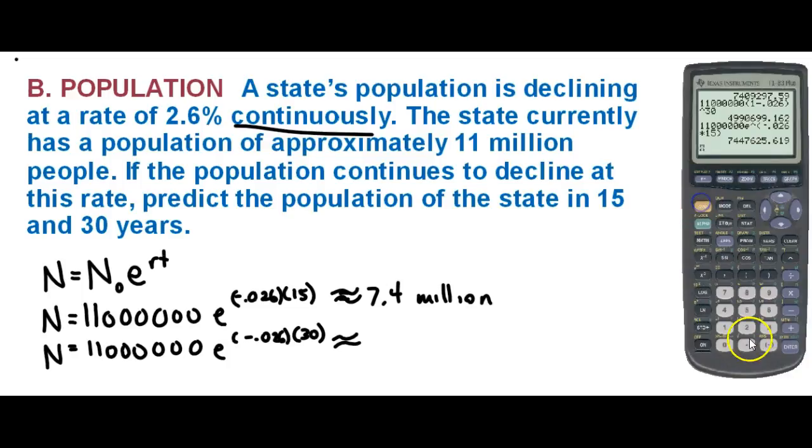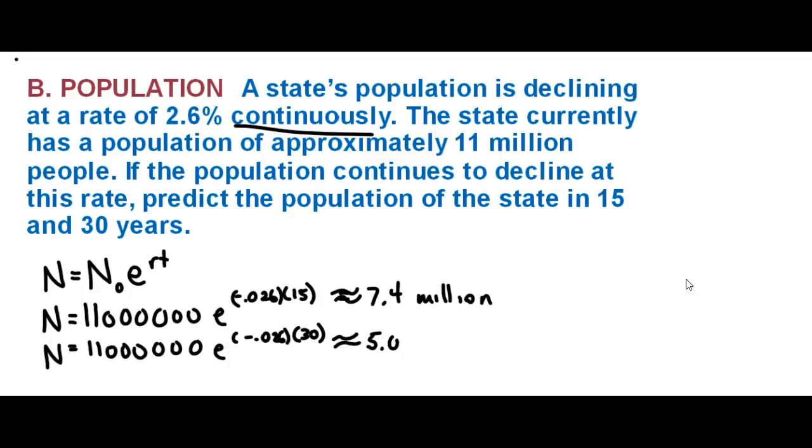And then let's just put that in again, e to the negative 0.026 times 30, and we get about 5.04 million. So that's how I would solve this problem if it is asking for continuous decline or continuous growth.